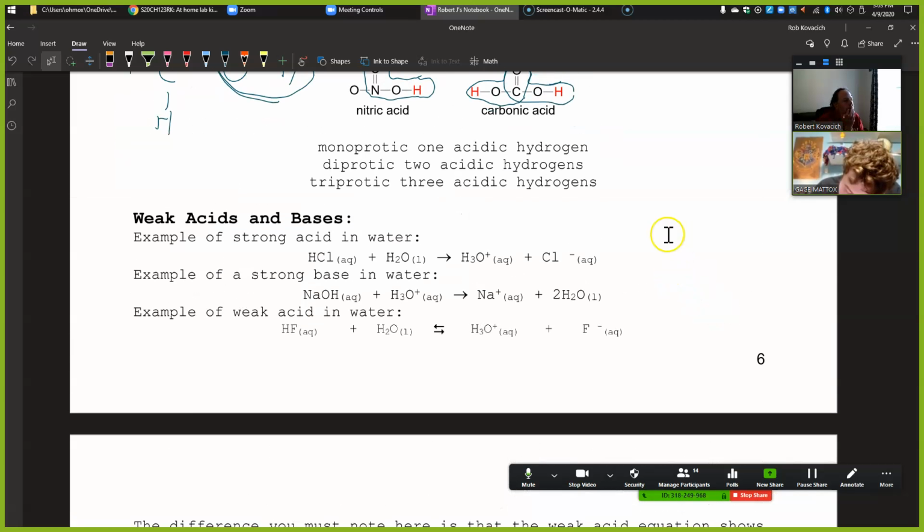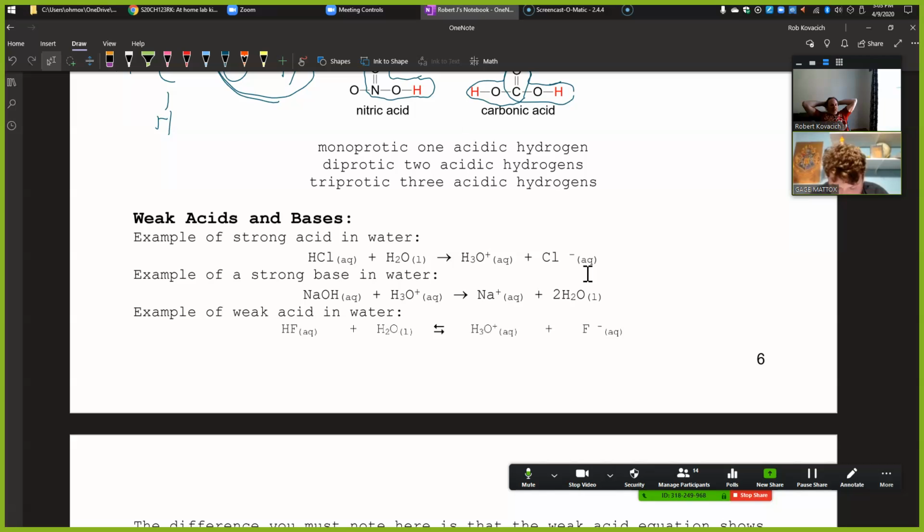And we've talked about this before with strong acids and strong bases, and then weak acids and weak bases. So if I'm a strong acid, the arrow is one direction. It's going over to, in this case, hydronium ion and a chloride, and it doesn't go backwards. The same thing with the sodium hydroxide.